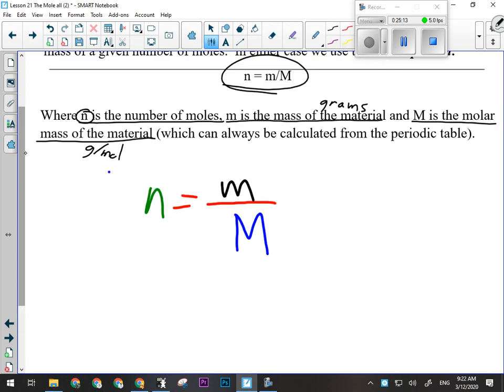We have to be able to do algebra, guys. Algebra's not that hard. If I want to manipulate this equation, right now it's solving for n. If I want to solve for m, I have to move big M. Right now, I'm dividing by big M. If you want to move something in algebra, you do the opposite.